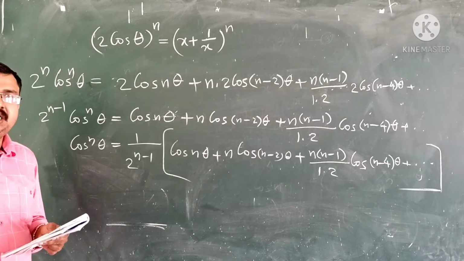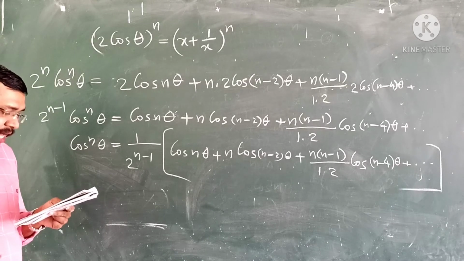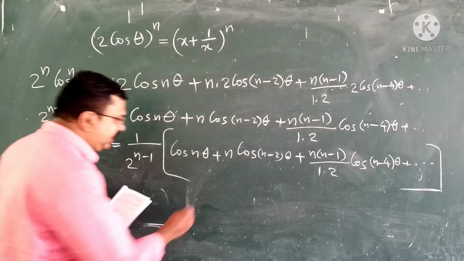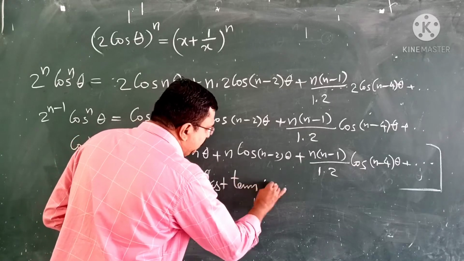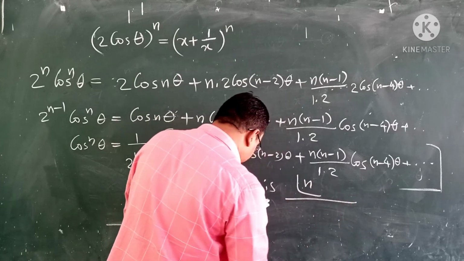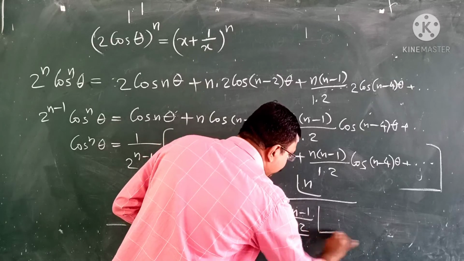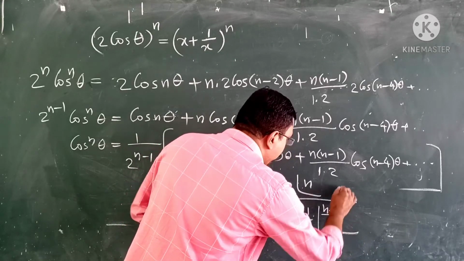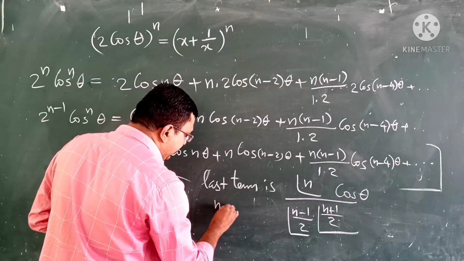Another important condition is there. If n is odd, then the last term is divided by (n-1)/2, (n+1)/2, cos theta. This is the last term.